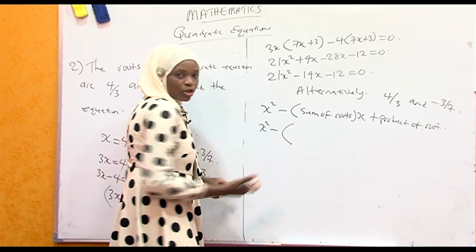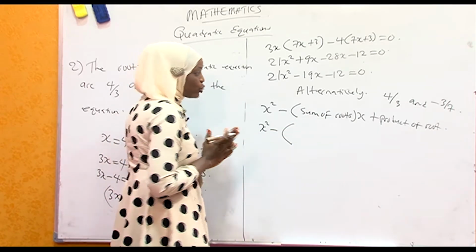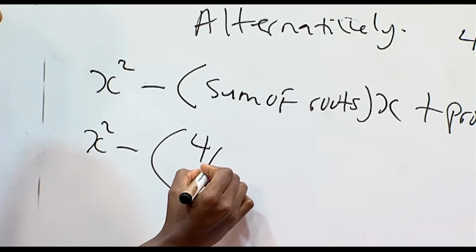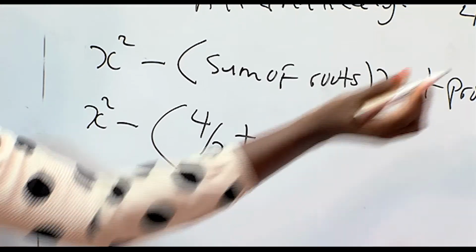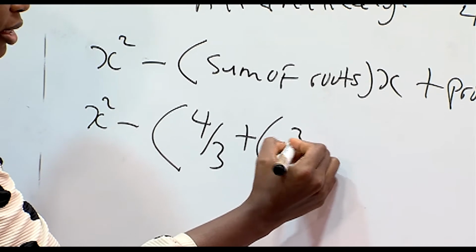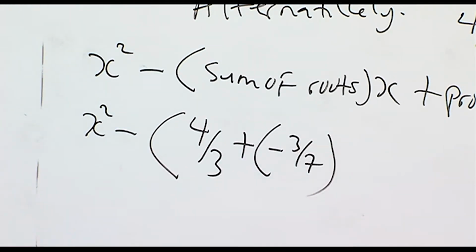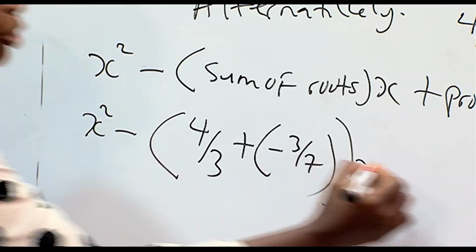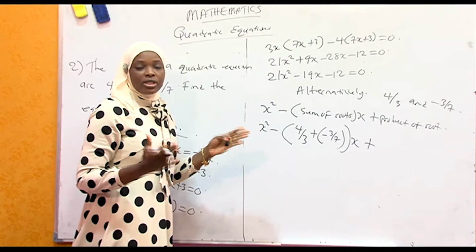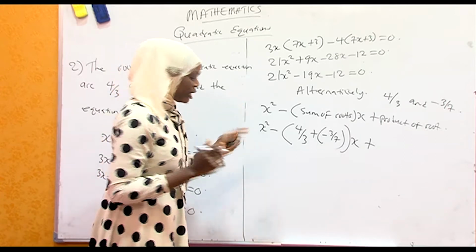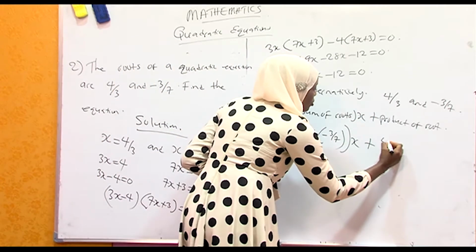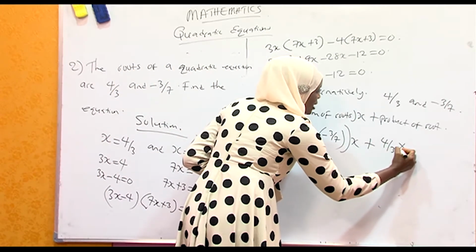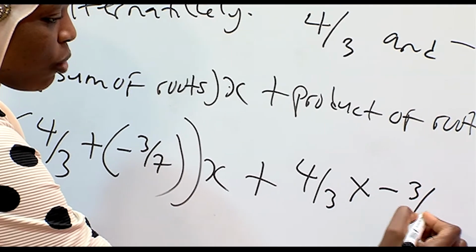So we have x squared minus, sum of roots. You know what sum is. That's adding your roots together, which is 4 over 3 plus minus 3 over 7. Don't forget your x is still outside. Plus product of roots, that's multiplying your roots together. Product of roots will be 4 over 3 times minus 3 over 7.